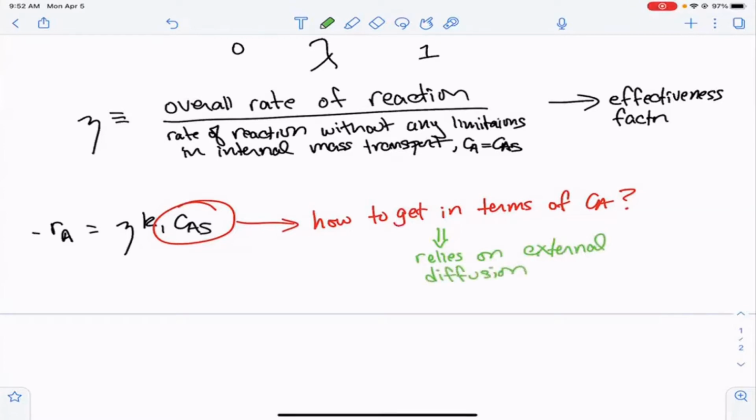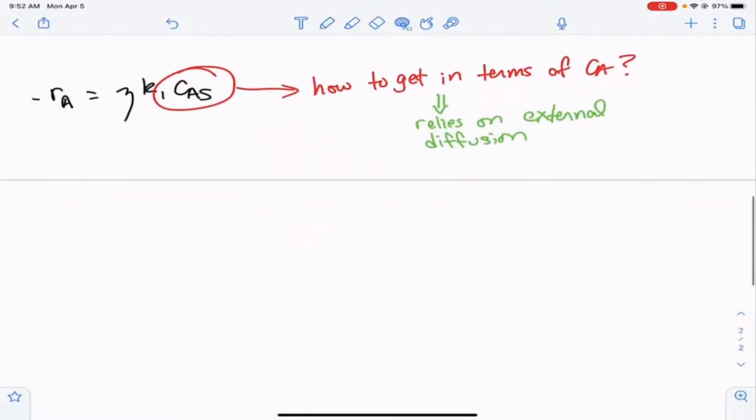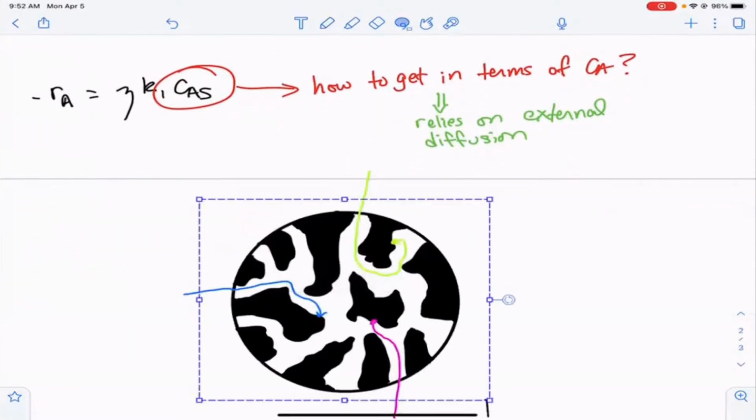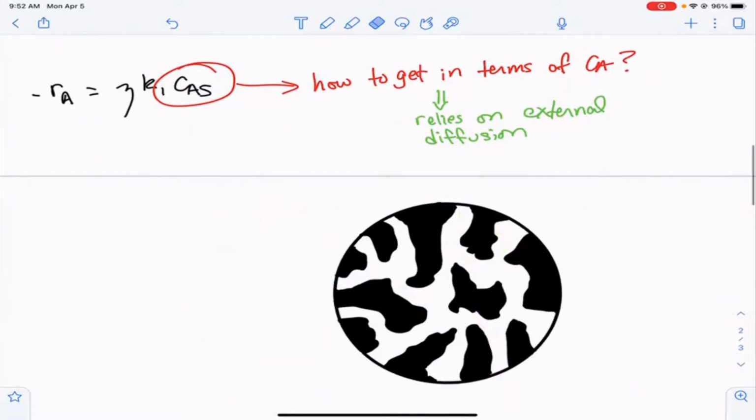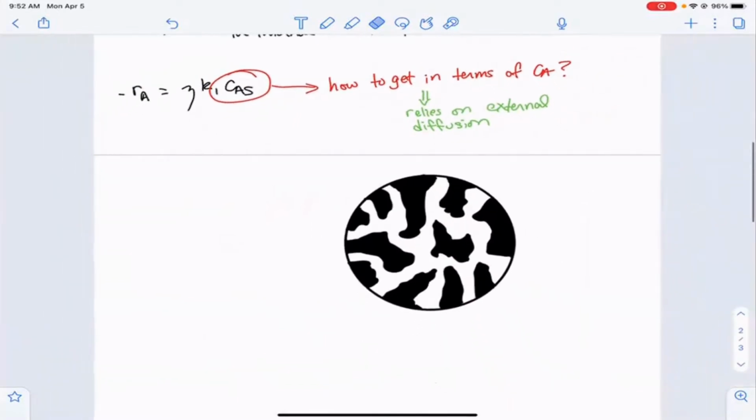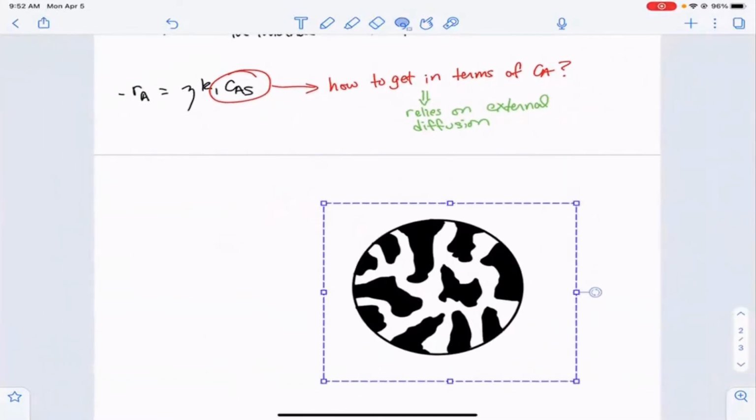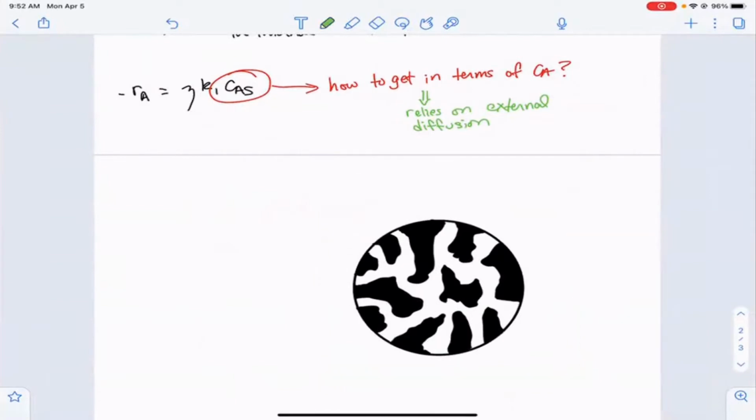And that's something that we really have to seriously consider now that we are looking at these particles. So let me just do this really quickly, if you don't mind. So we have our catalyst particle. And in the last lecture, we only considered the fact that we might have internal diffusion. But the few lectures before that, remember, there's flow around this particle.